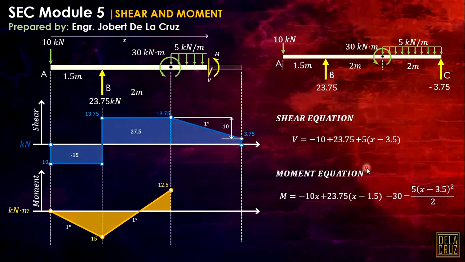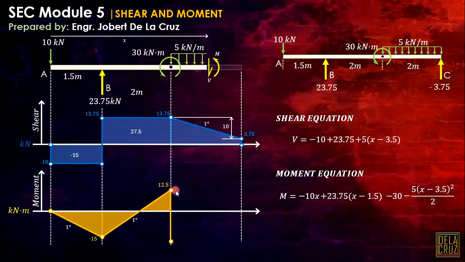Now for the moment equation naman, or the moment diagram, substitute the value of x here as 5.5. Then it will give us, may abrupt change pa tayo ng shear. Okay? From this position, pag mayroong concentrated moment dyan, then it will make an abrupt change in the moment diagram.